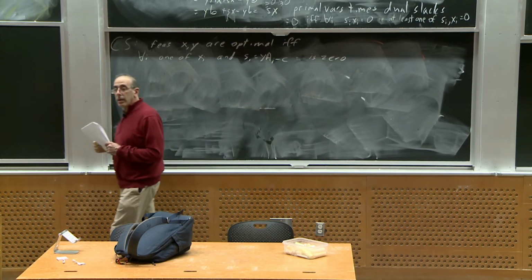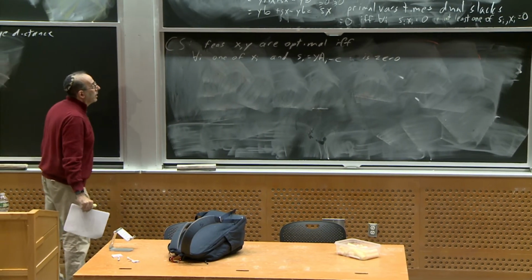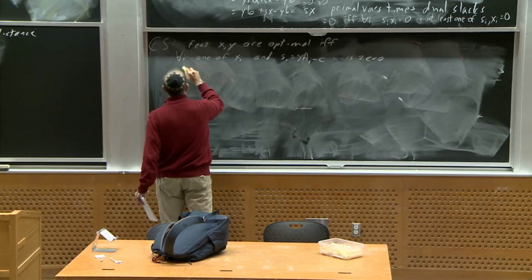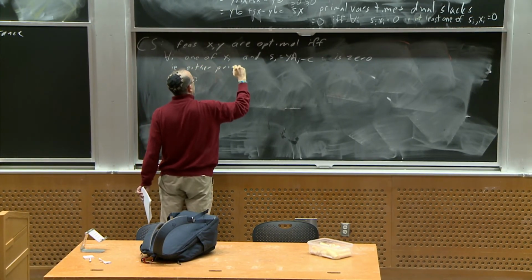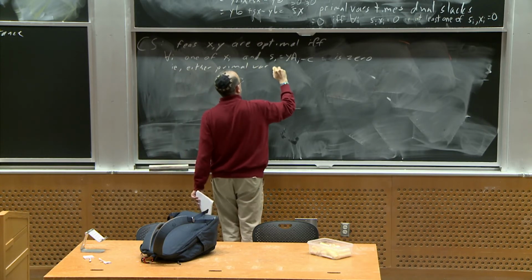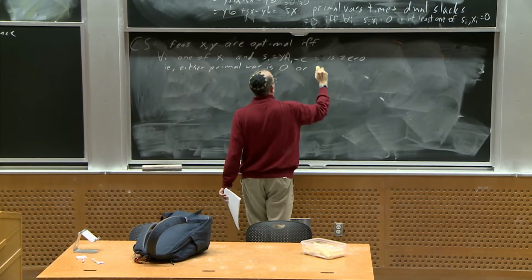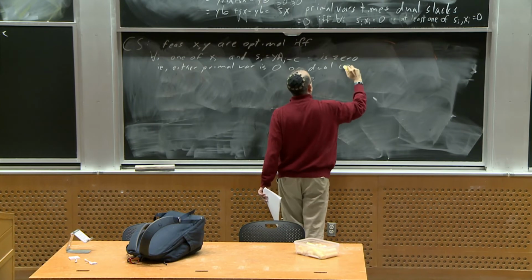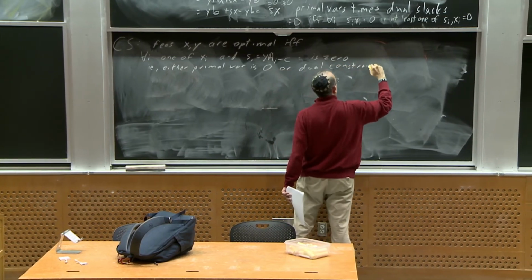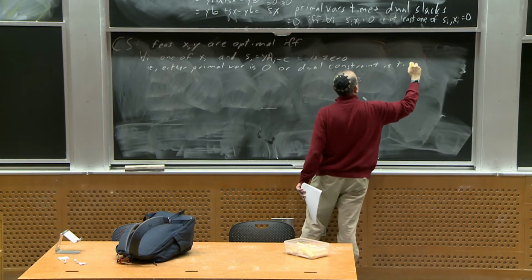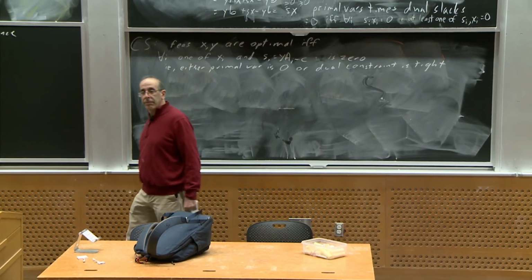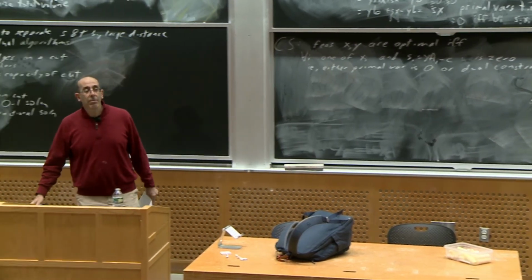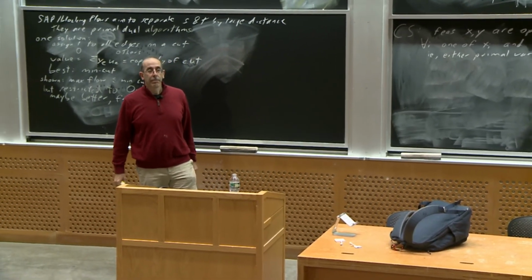In other words, either the primal variable is 0 or the dual constraint is tight. And that's the complementary slackness condition.